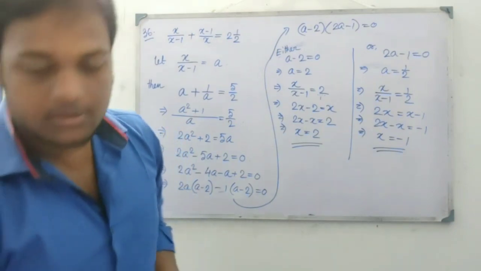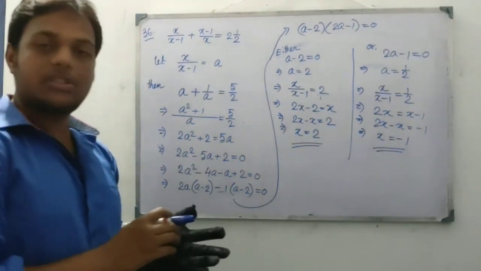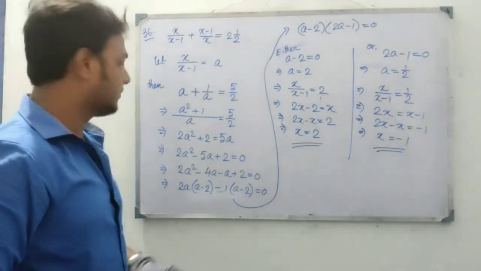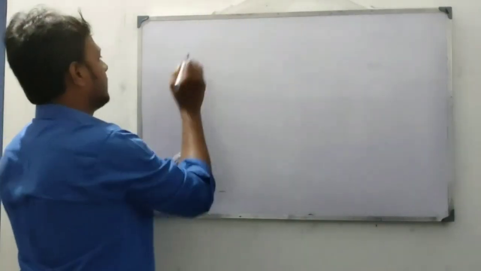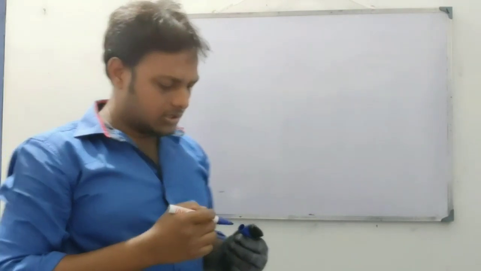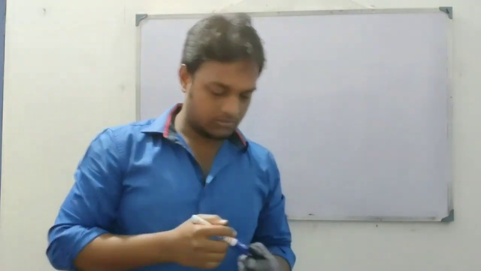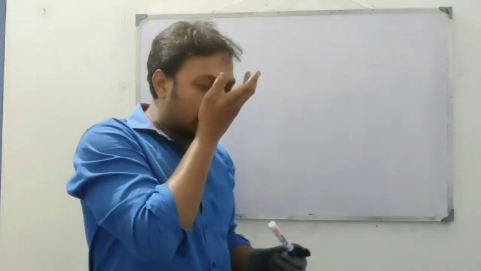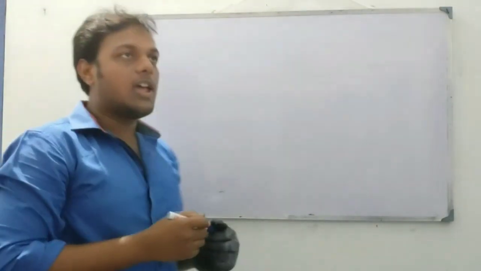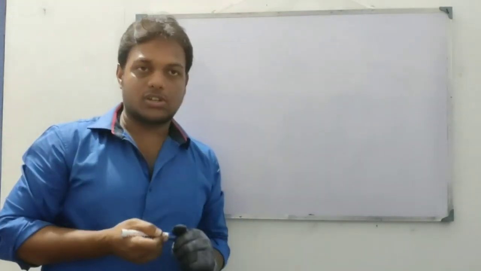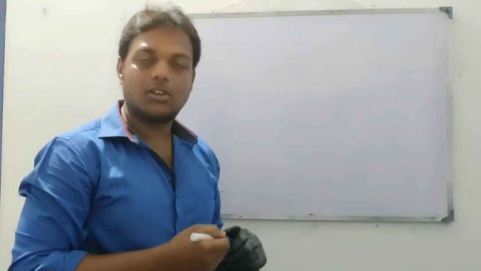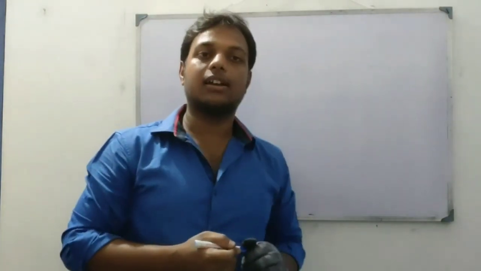Let me discuss. Pause the video and note it down, obviously. This is a new theorem, a very small theory in this chapter. Suppose you have a quadratic equation, then you are able to find the roots of the equation.